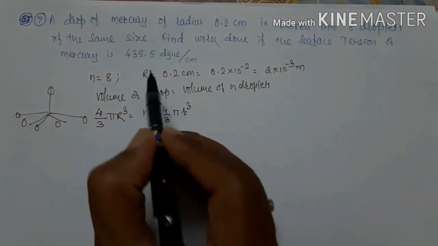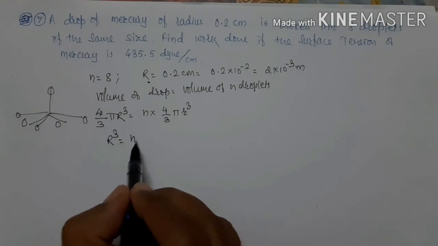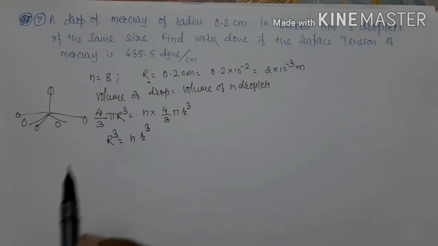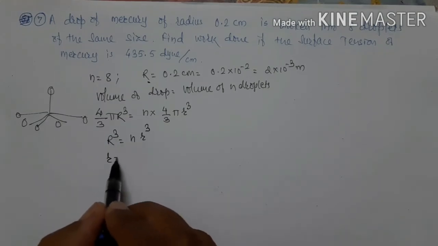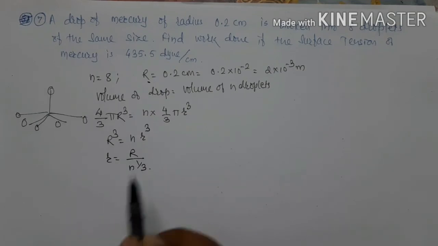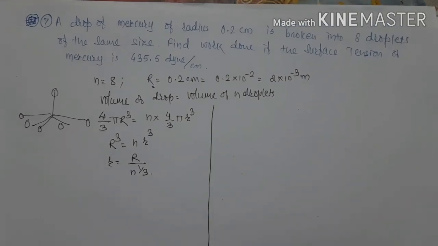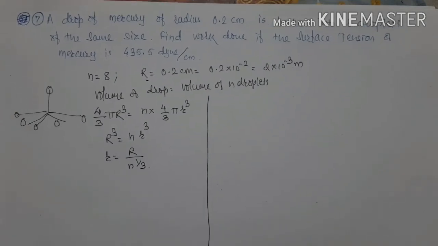Here radius of drop is known to us. Therefore, R cube is equal to n into r cube. This small r is equal to capital R divided by n raised to 1 by 3. As capital R is known, we will see how much will be the value of small r.